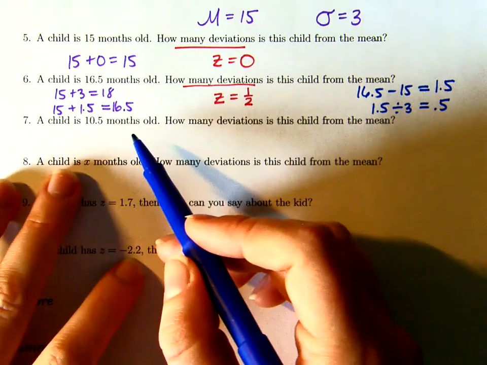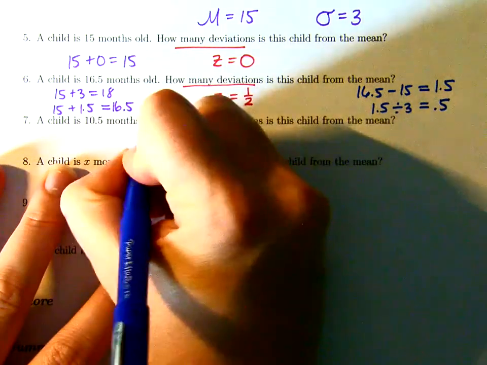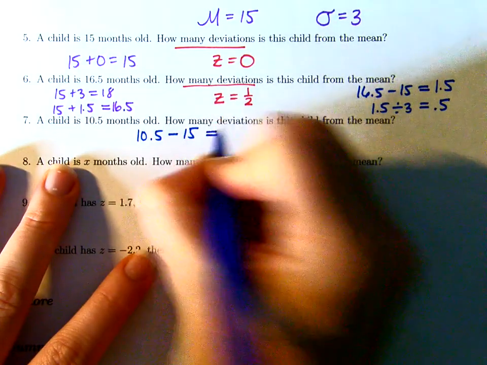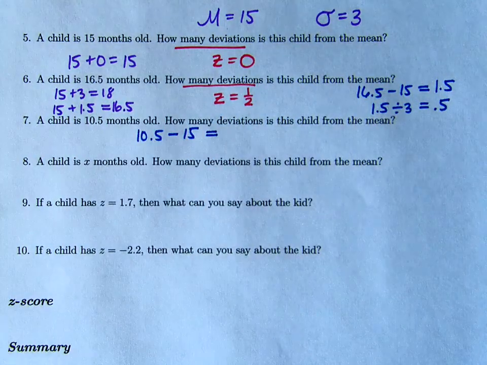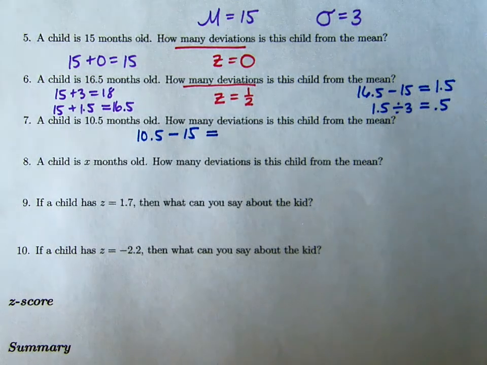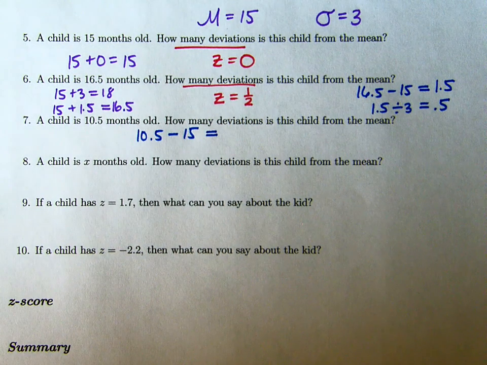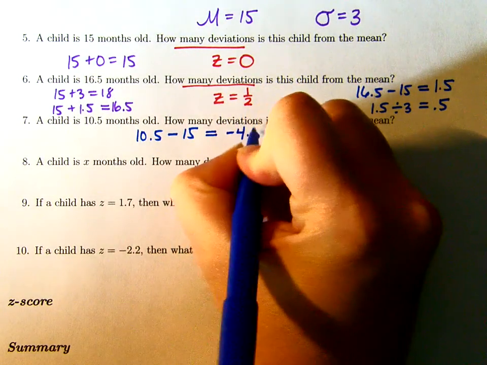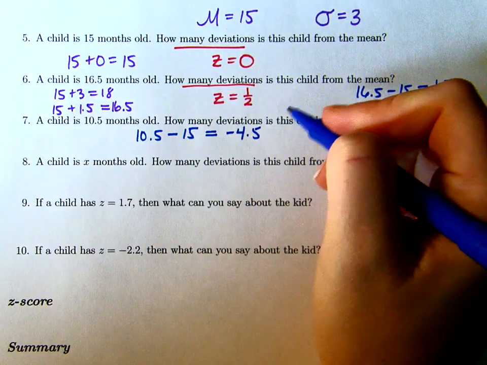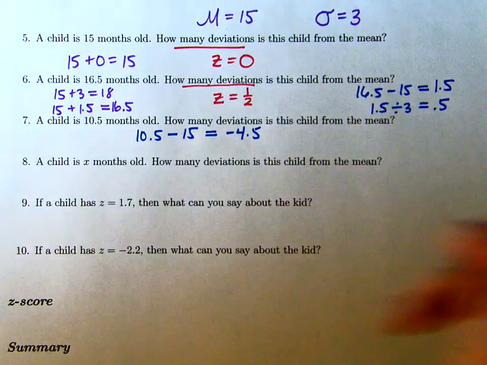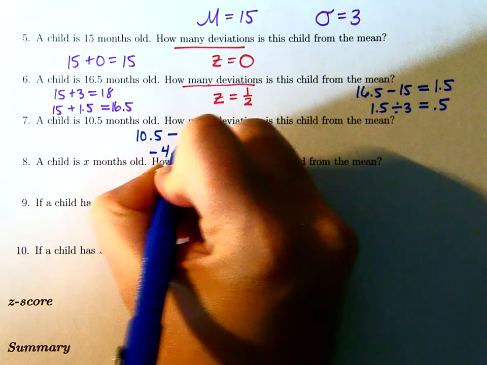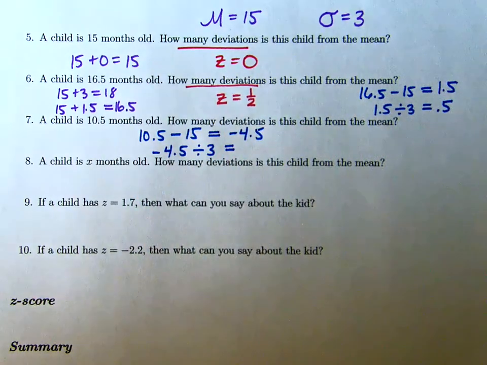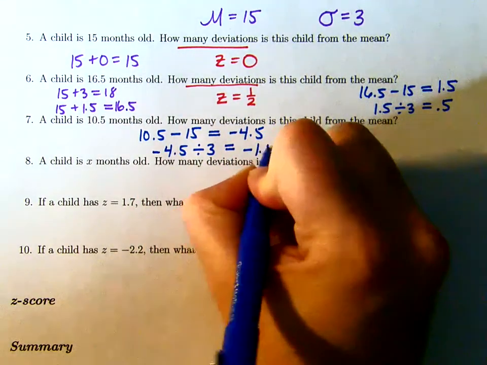Maybe I'm just going to stick with this for a second here. Child is 10.5 months old. So how far away is that from 15? Well, glad you asked. We got -4.5? So more than one full one below, 1.5 below, I would say. So take this -4.5, divide it by how many sets of 3, and we get -1.5.